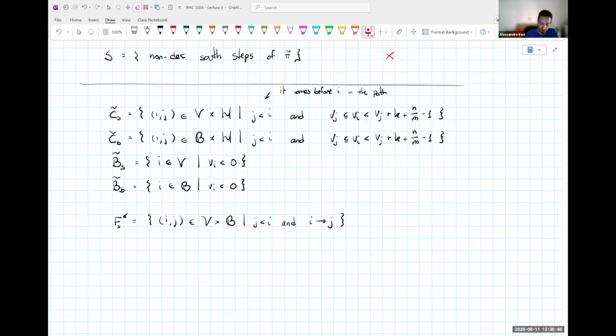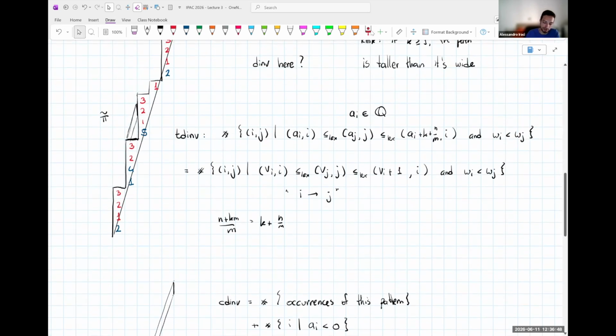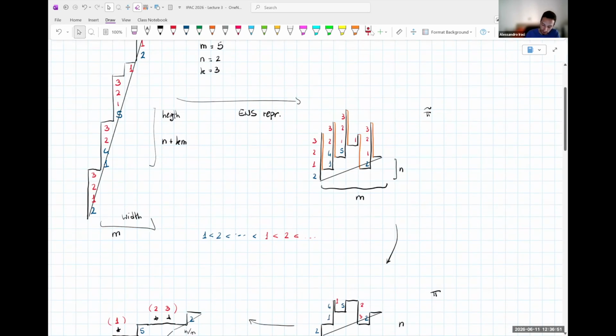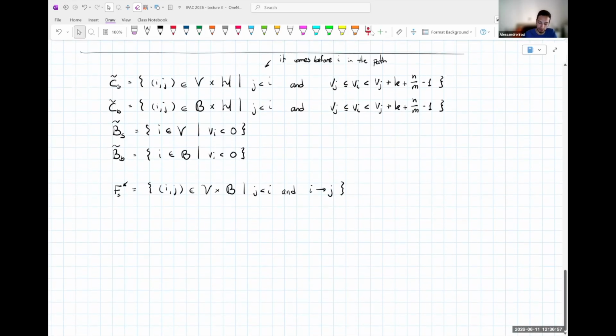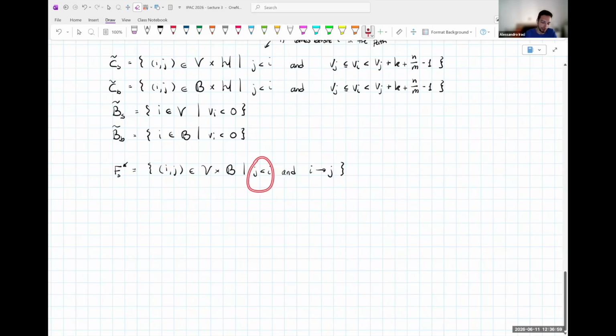So here we're counting attack relations in which the small label comes after the big label. We have this condition J is less than I, so that's why we have this arrow here. Here we have the small label attacking the big label from the right.